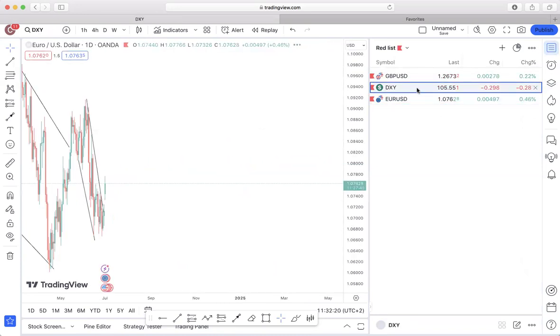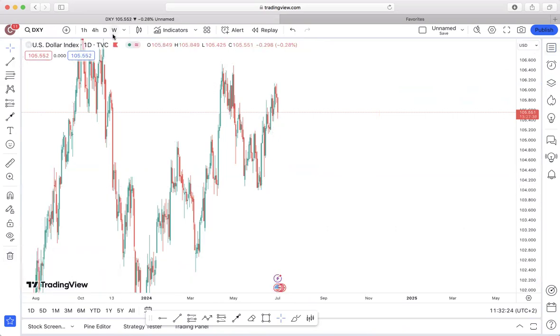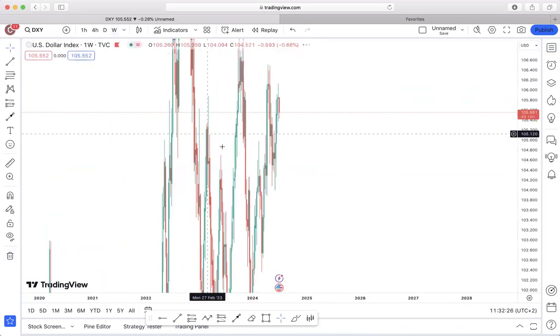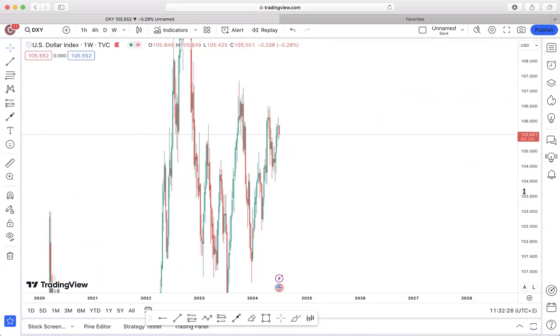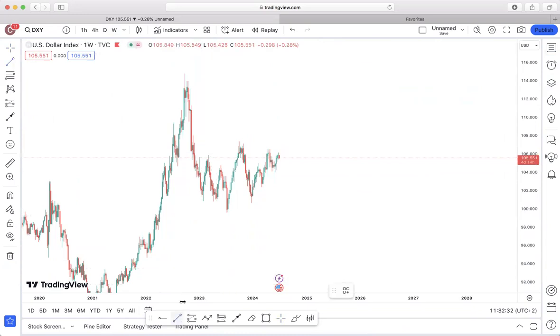The only pair that I'm now focused on is the Euro USD. Before jumping onto the Euro USD, I need to analyze the DXY. The DXY is the dollar index, and the Euro USD and the DXY move in the exact opposite direction. So you'll see in a second. With this one, you can see price gave us this as our first reversal structure, impulse correction, and then price did drop to the downside.